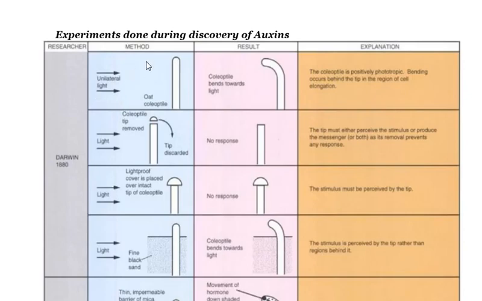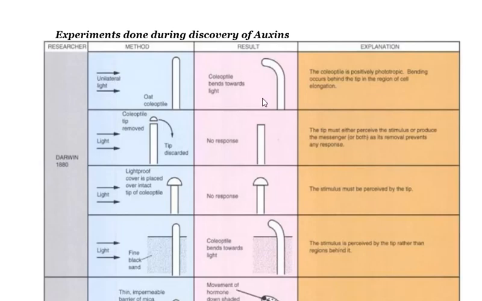How he did it: first he took the coleoptile tip, which is straight, and then he illuminated it with unilateral light. Unilateral means light coming from one direction. Now probably this side was dark, and then unilateral light was illuminated on the coleoptile tip. What happened?